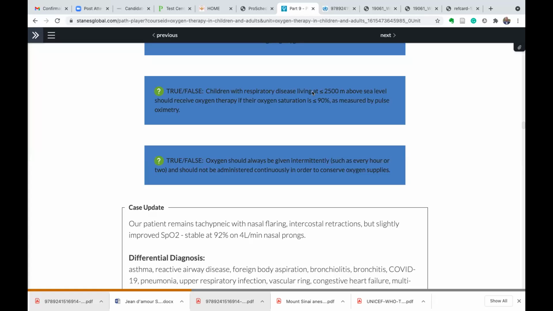Yeah, most of the people got the right answer. This is false, as you can imagine, because patient safety comes first over the cost.